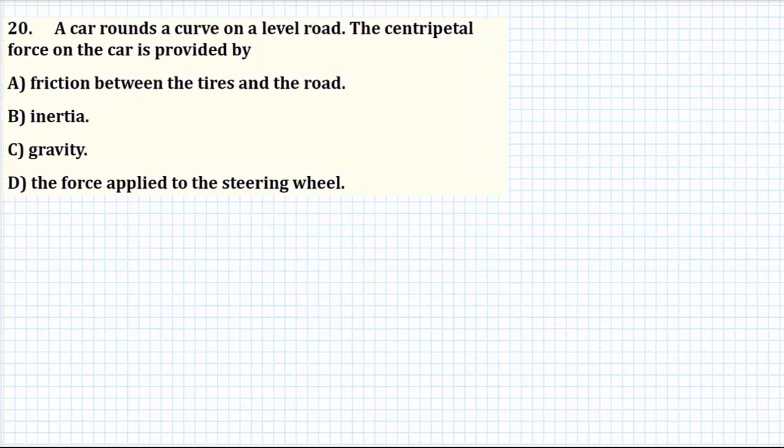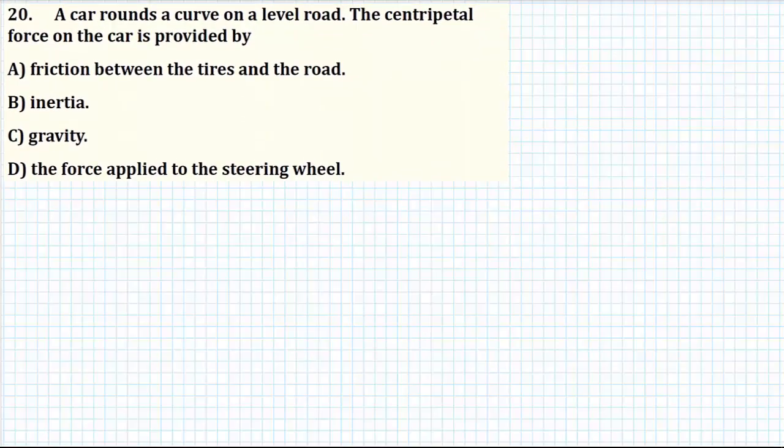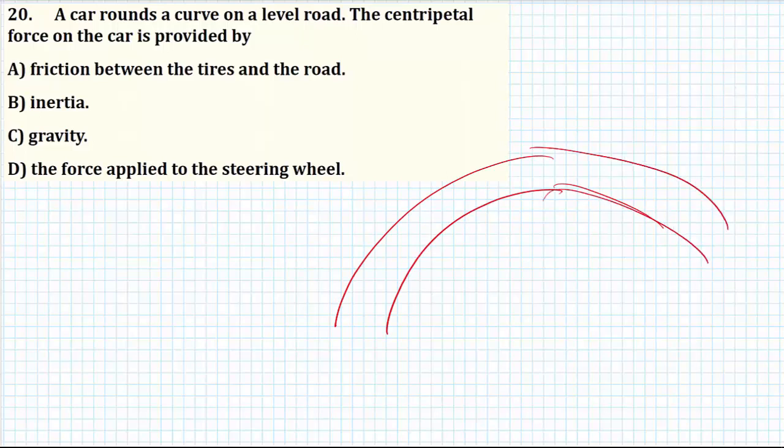A car rounds a curve on a level road. The centripetal force on the car is provided by a road in the shape of a curve, and the car here is moving inside this curve on the road. He's asking, the centripetal force on the car is provided by what kind of force?